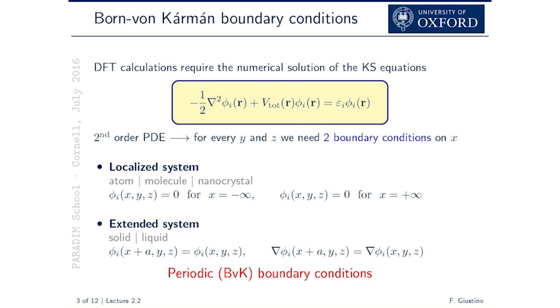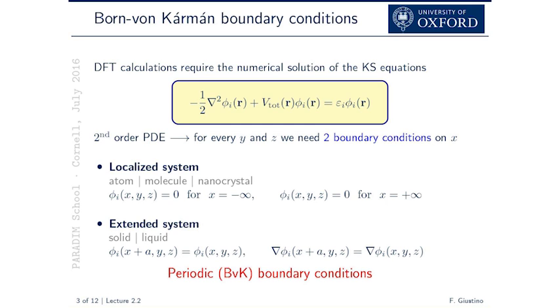So the fact that one imposes a continuous wave function and a continuous first derivative has to do with basically continuity. And one can show that this has to do with essentially a conservation of the number of electrons. So these are basically the 2 conditions that one uses. If you use those 2, and this second order PDE, everything is well defined. So the problem at this point can be solved mathematically.